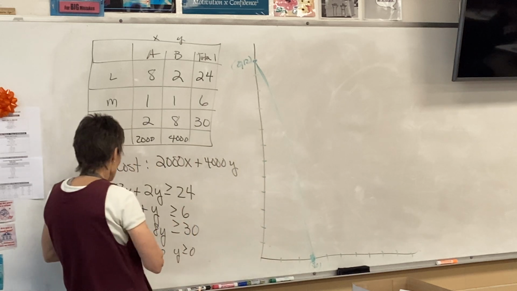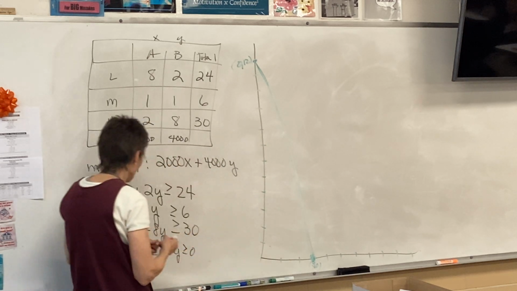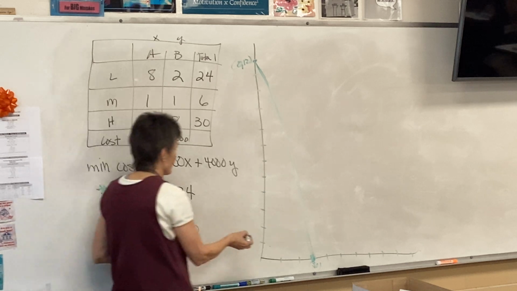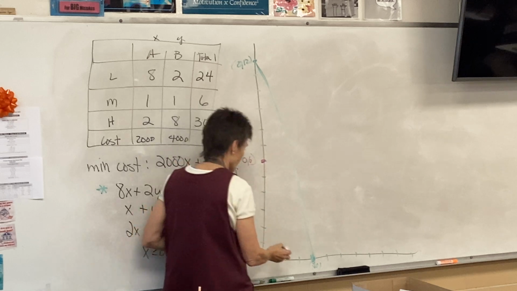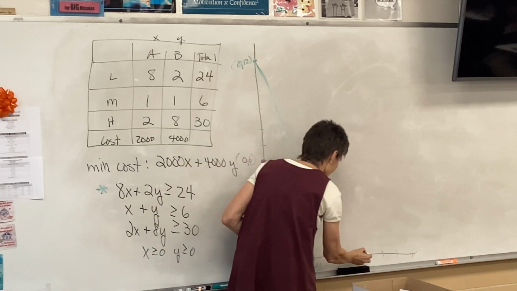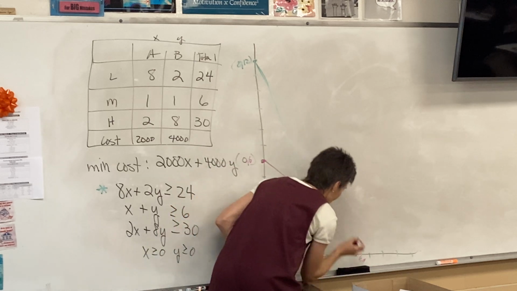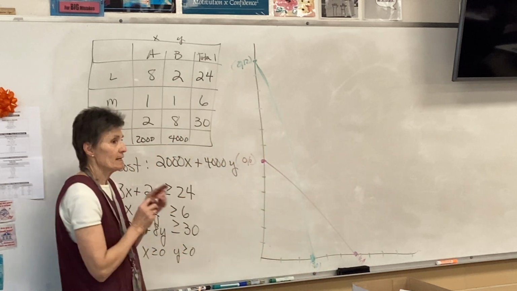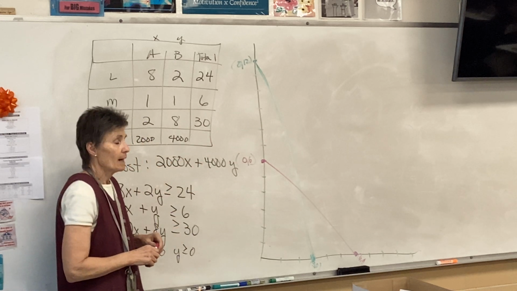All right, next equation. X and Y would both be 6. So 1, 2, 3, 4, 5, 6. 1, 2, 3, 4, 5, 6. Connect those. And that one is also shaded out.